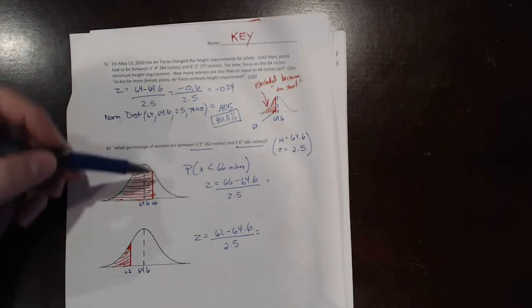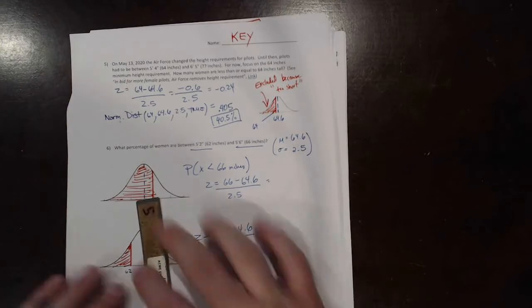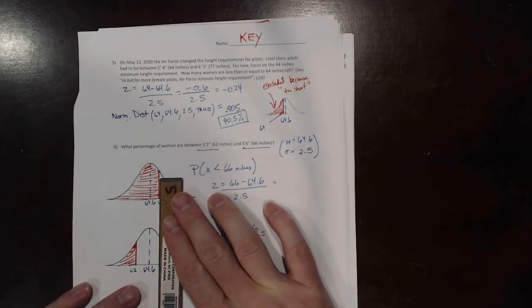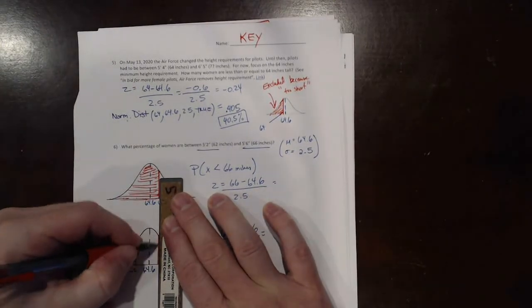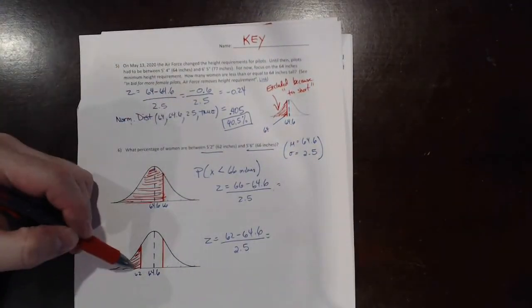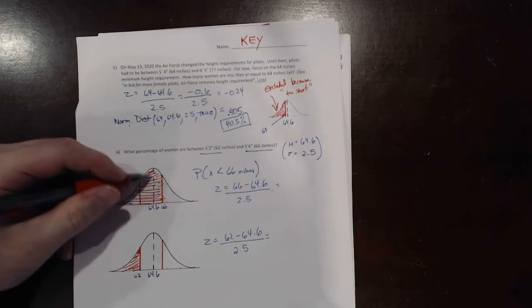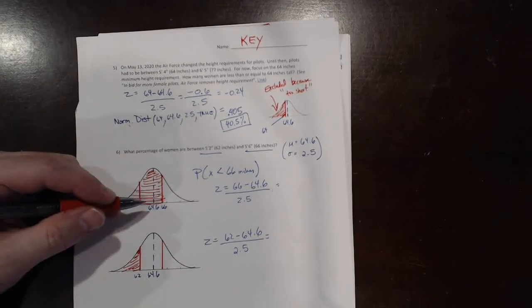Then you're just going to subtract these, because if I take this colored area and subtract off this colored area, now I'm left with this area in the middle, which is what I'm trying to figure out.